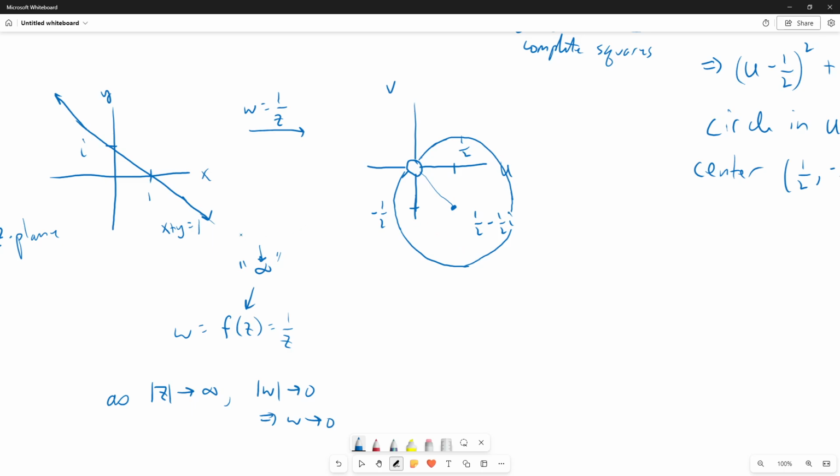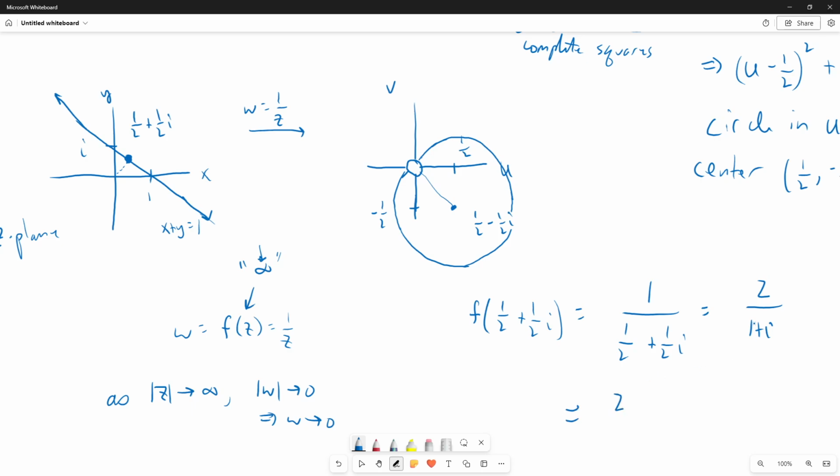So let's look at some more detail here. Let's take this point right there, the point on the line y equals x. So that's the point where x and y are both a half, 1/2 plus 1/2 i. And let's find the image of that. So f of the point 1/2 plus 1/2 i is 1 over that point. And we can factor the 1/2 out. 1 over a half is 2, and we're left with 1 plus i.